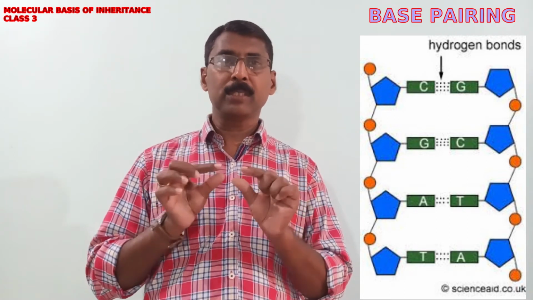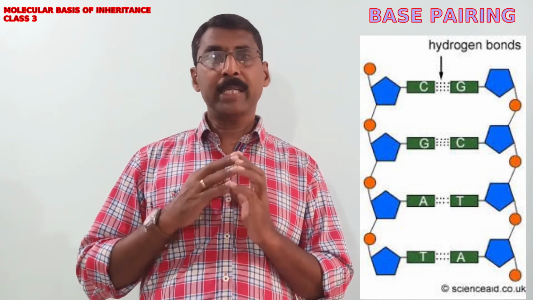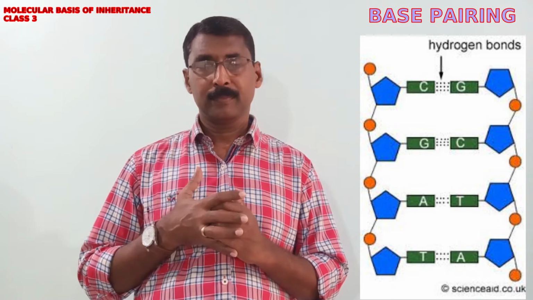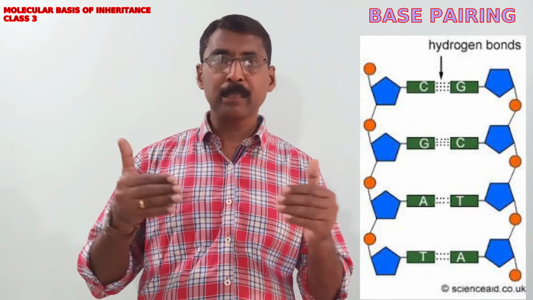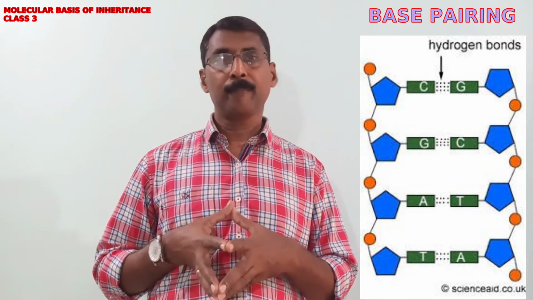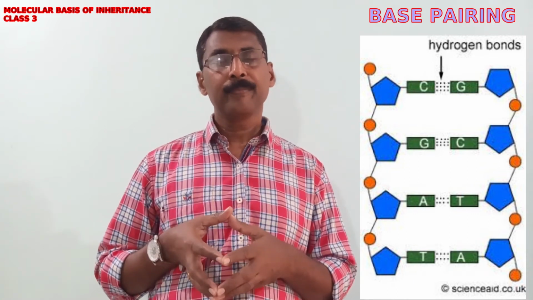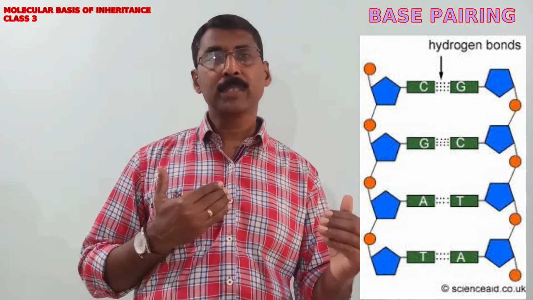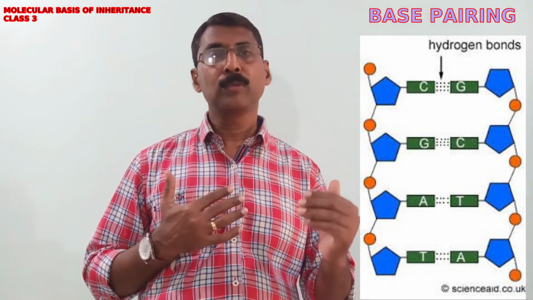Between the nitrogen bases, hydrogen bonds are established. And by means of these hydrogen bonds, the nitrogen base of one strand or one nucleotide is connected with the nitrogen base of the opposite strand or opposite nucleotide.